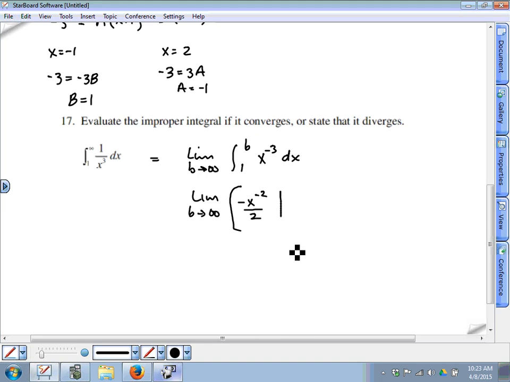We need to evaluate the antiderivative from 1 to b. So this is going to be b to the negative 2, which I'm going to drop down to the denominator as b squared. So negative 1 over 2b squared.